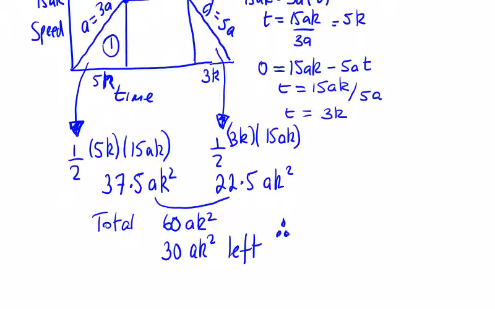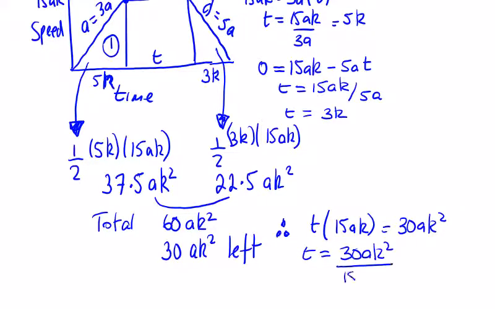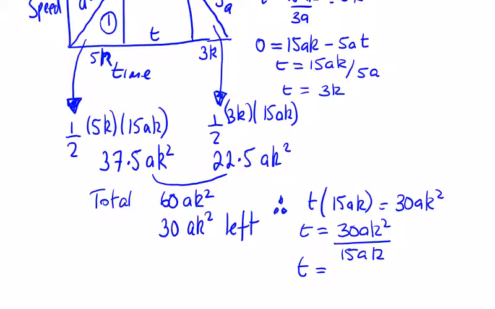Therefore, we have t by 15 ak is equal to 30 ak squared, the distance left. So t is equal to 30 ak squared, and I'm sure you can all see this in one step now, divided by 15 ak. So in this case, t is going to be 2k.